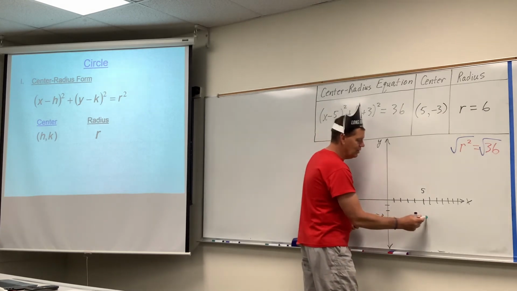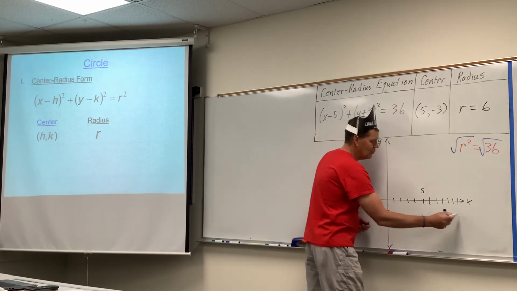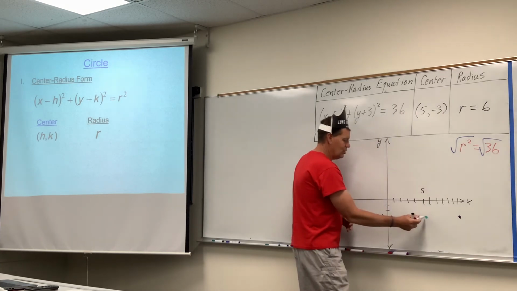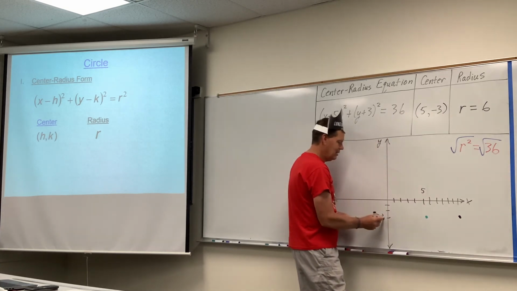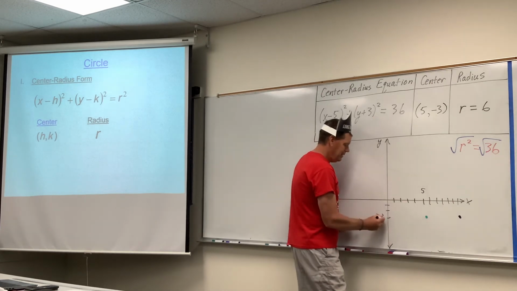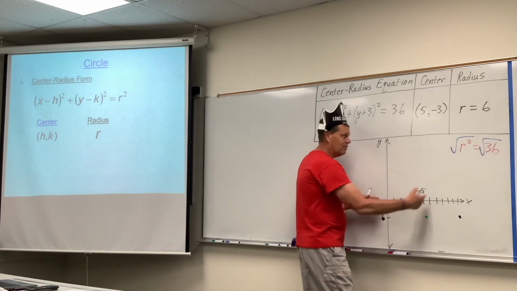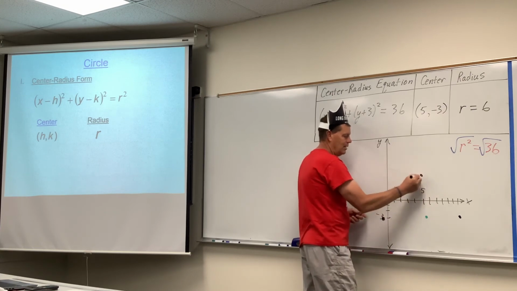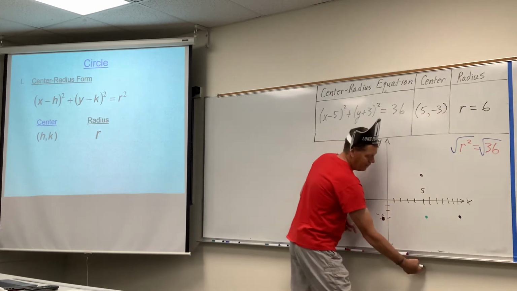So 6 units to the right, 1, 2, 3, 4, 5, 6 would give us a point here. And then we go back to the center and we go 6 units to the left, and plot. So just, go radius. 6 this way, 6 this way, 6 this way, 6 this way, which is probably off the board.